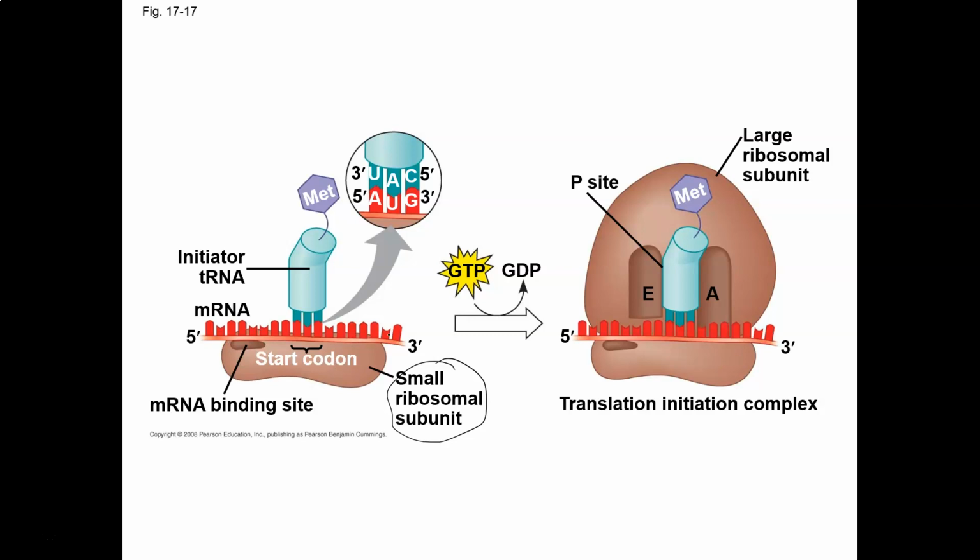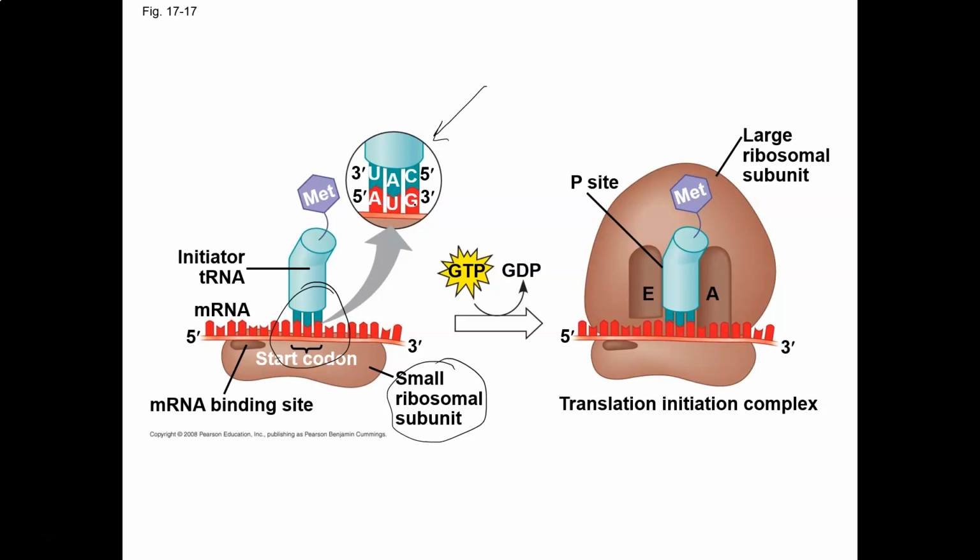So it's attached to it, and then the first thing that's going to bind to it is the transfer RNA that binds with the start codon. Up here in this little inset is a blow up of this site, where you can see that the start codon, if you look on the genetic code table, is AUG.